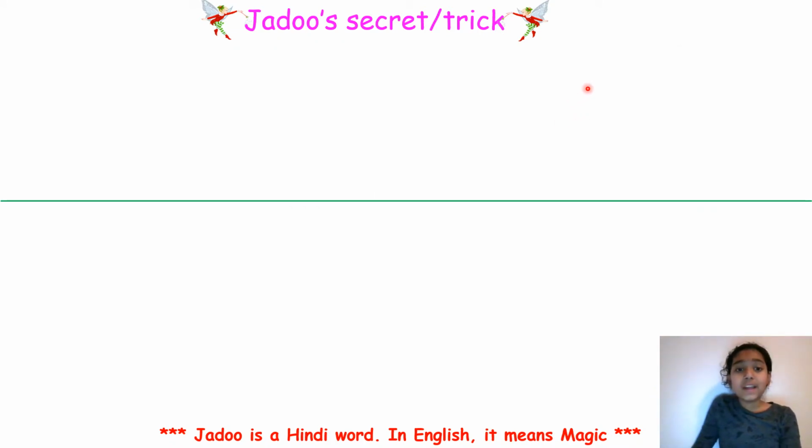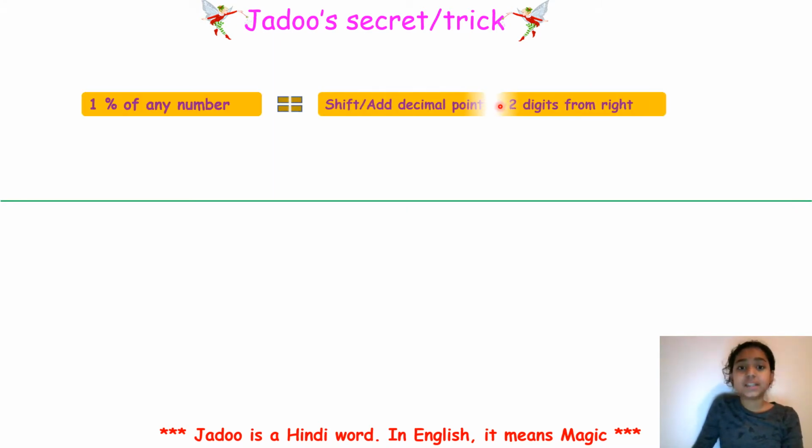Okay friends, now let's discuss today's secret. Suppose you need to find 1% of any number. Just shift or add the decimal point 2 digits from the right of the number.